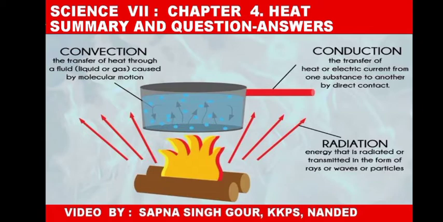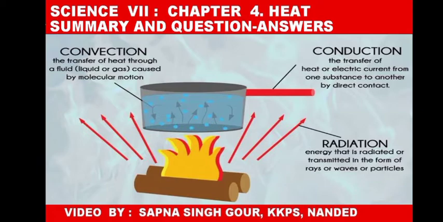Then the next method of transfer of heat is radiation. The process of transmission of heat in which heat energy travels in straight lines from hotter to cooler areas without having any intervening medium is called radiation.